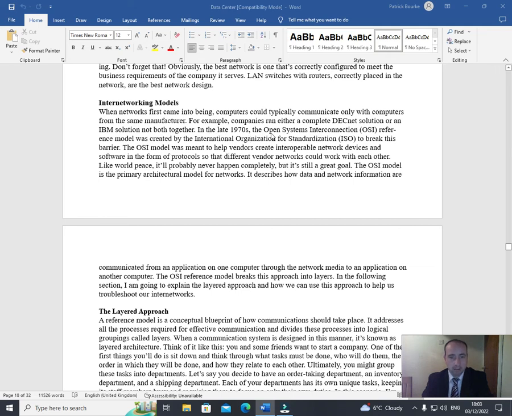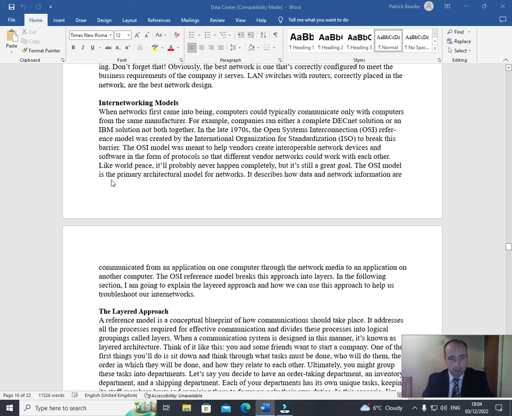In the late 1970s, the Open Systems Interconnection OSI reference model was created by the International Organization for Standardization to break this barrier. The OSI model was meant to help vendors create interoperable network devices and software in the form of protocols so that different vendor networks could work with each other. Like world peace, it'll probably never happen completely, but it's still a great goal.